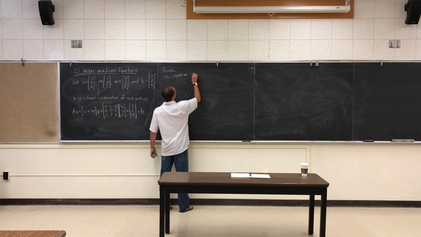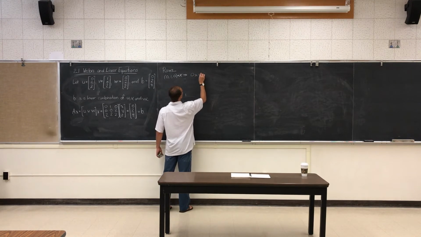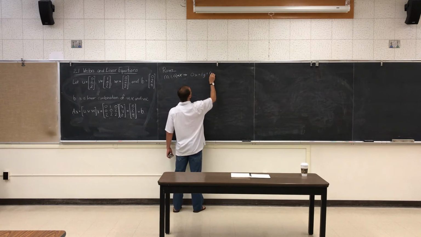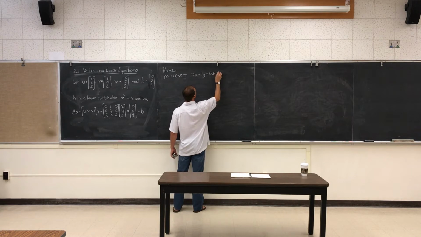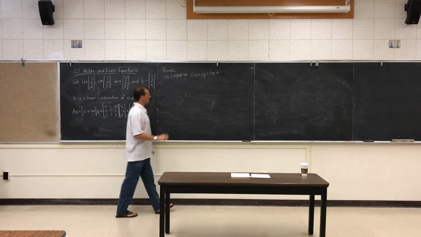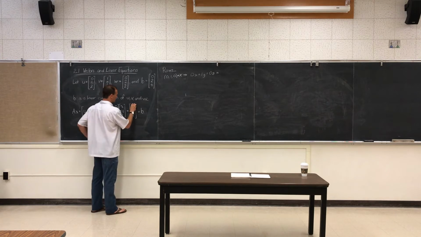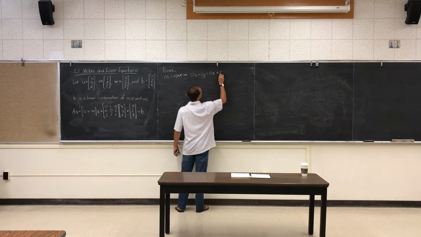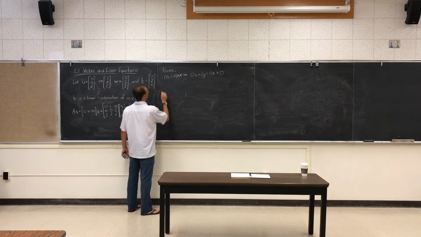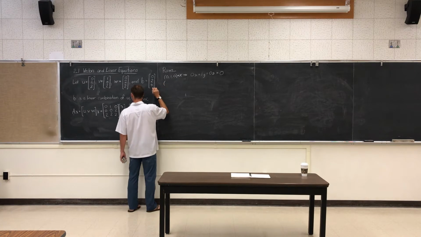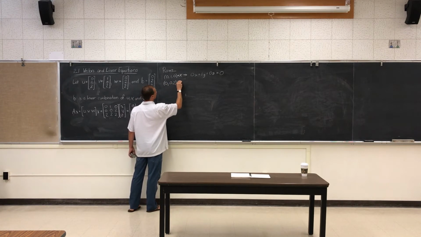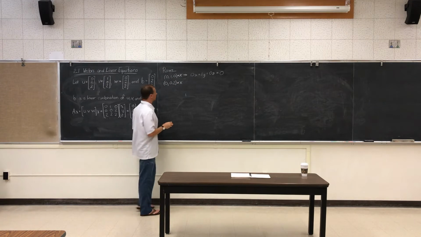So that's going to be 0x plus 1y plus 0z equals the first component of b, which is 0. Then our next row is 0, 0, 2, and again we dot that with x, our vector of scalars.